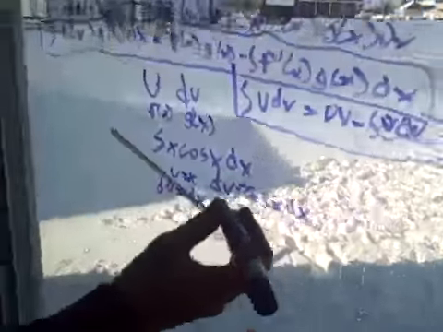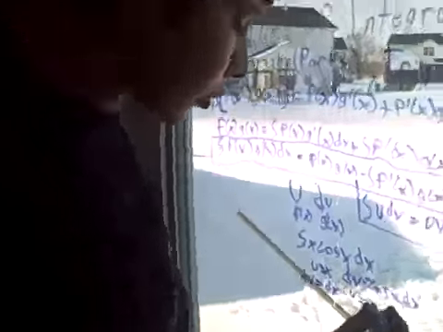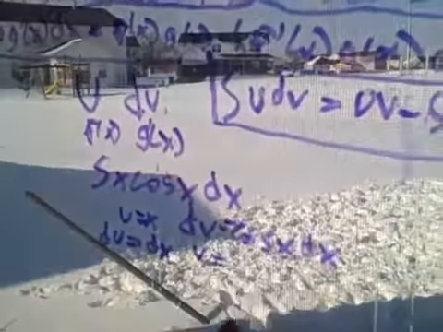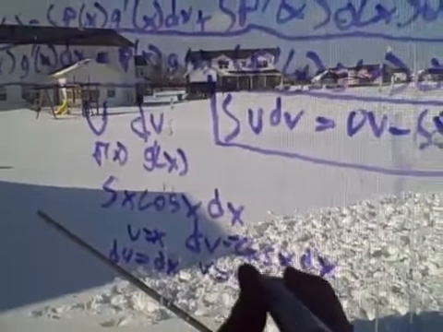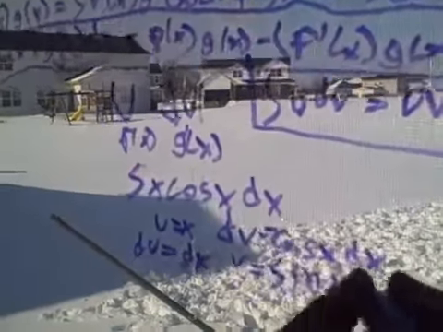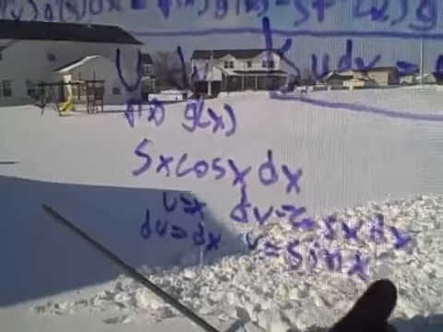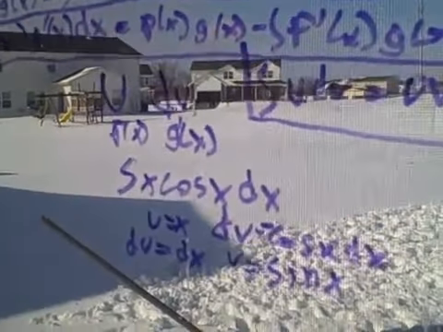So I have v equals the integral of cosine x, which is sine x. No more dx. The dx goes away.